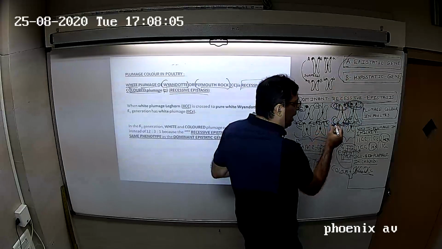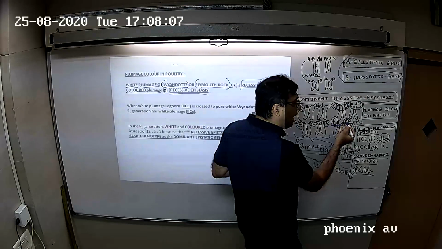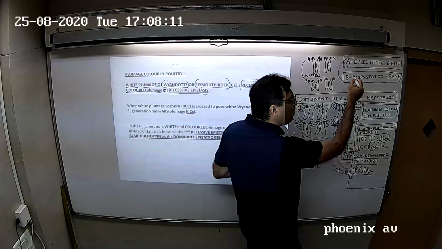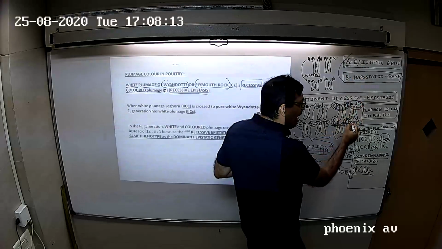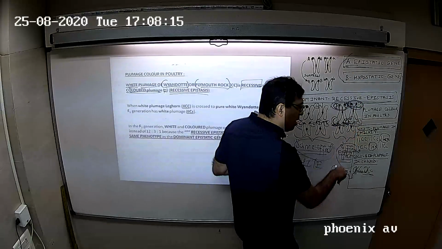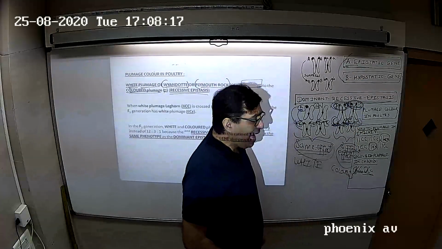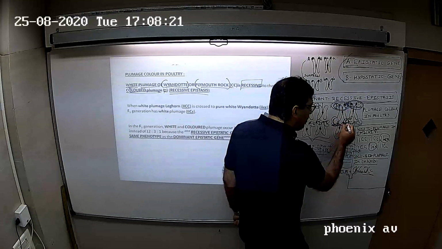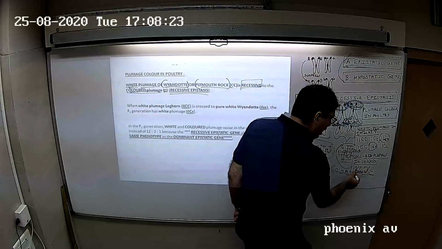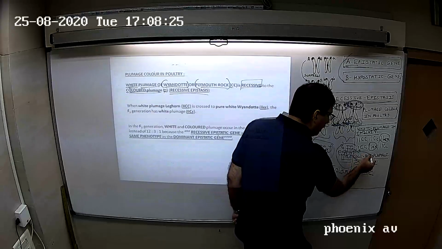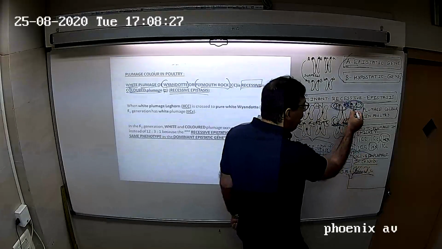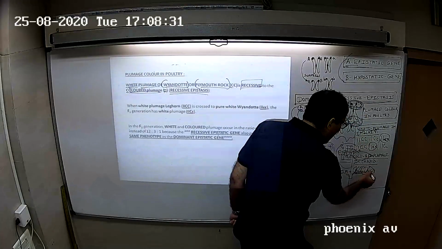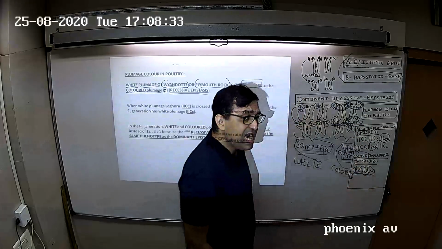Epistatic. What has capital C become? Hypostatic. What is the combination small i, capital C? Colored. What is the combination small i, capital C, small c? Also colored.